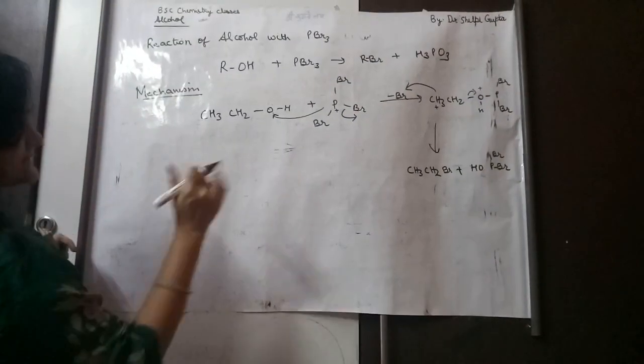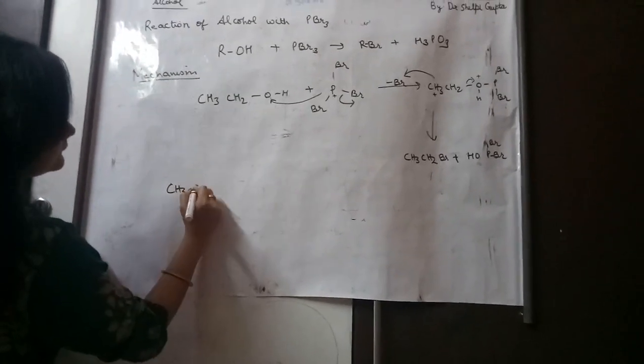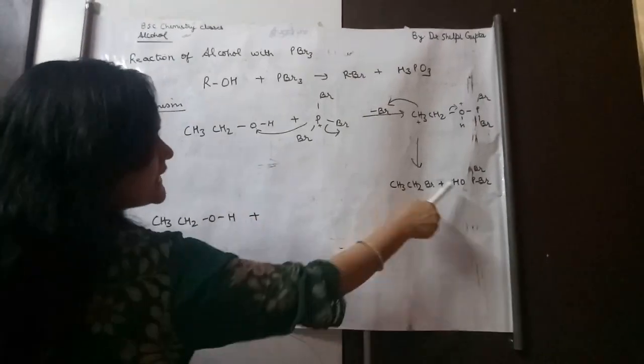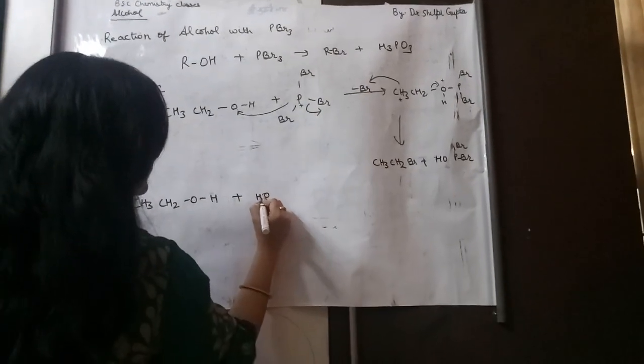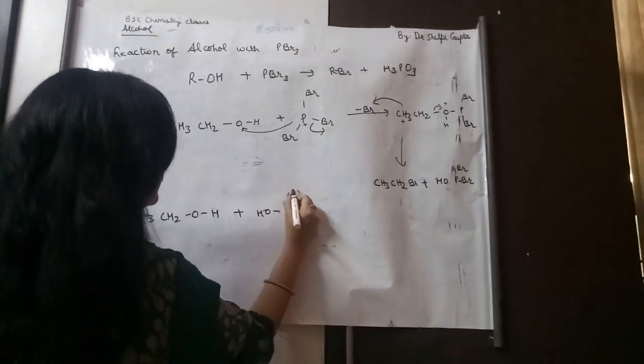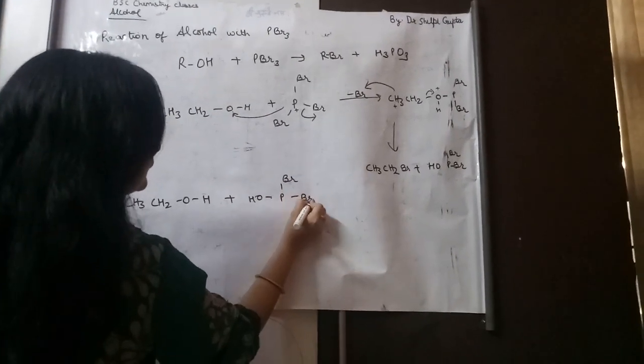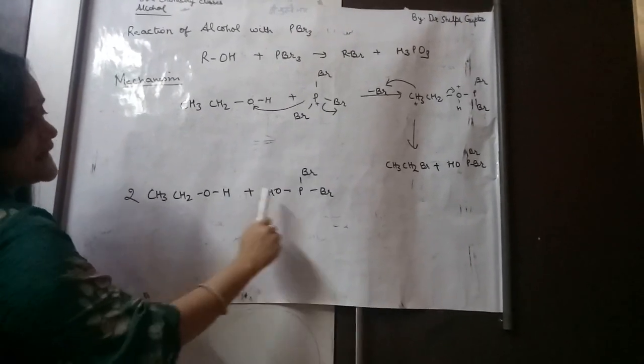Okay. Now in the next step, again what will happen? Another molecule of alcohol will react in the reaction like this. Okay. It will react with this Br and Br. Now we will take 2 molecules of ethanol. This is an ethanol. We will take 2 molecules of ethanol in the further reaction. It will react with this.